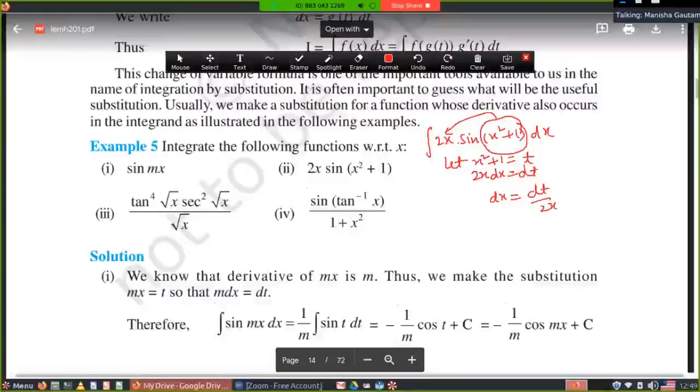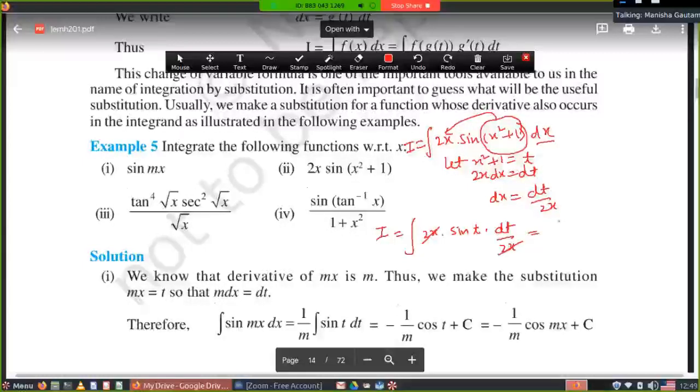Okay, now we have to put in the value. The question becomes integration I, where I have just put the name of the question as I. Now 2x as it is, sin(x square plus 1) is sin t, into dx, which is dt upon 2x, and cancel it.